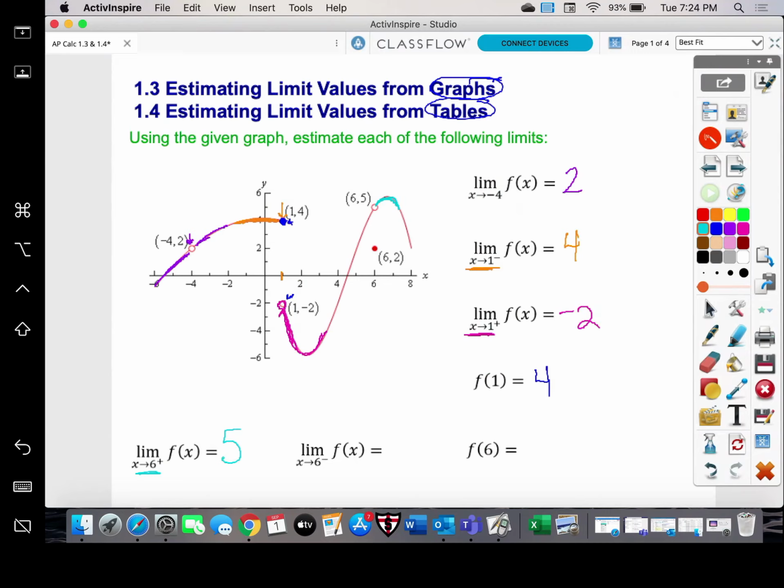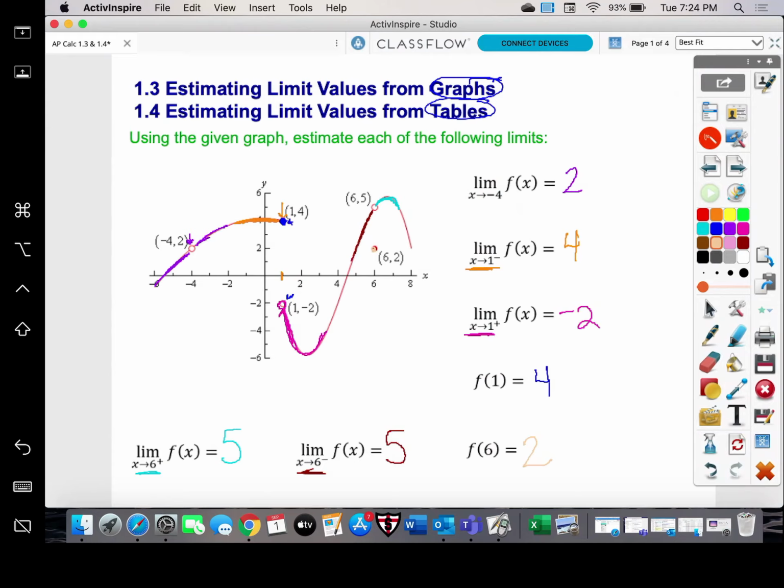The next thing has us coming at 6 from the left, so we're looking at this region, and again we're getting close to that value of 5. And now the last thing asks us to do f of 6, and f of 6 is again a closed circle. It has to be the point, so when we go to 6, our closed circle is there at 2.